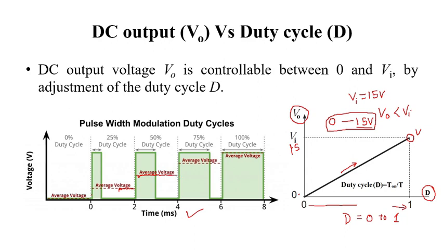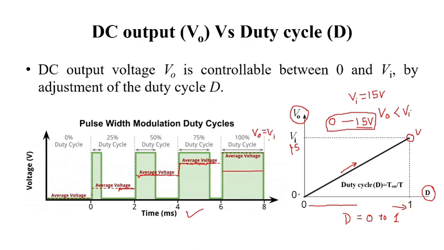As we keep on increasing the duty cycle, you can see the average output voltage also increases. If it is 100% duty cycle, then V out is equal to V in. So the output voltage is equal to the input voltage.